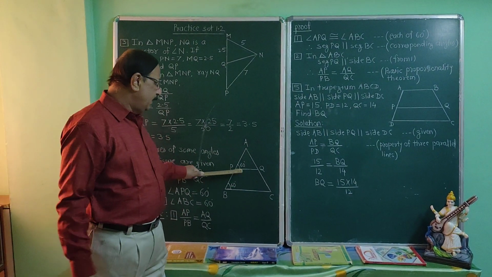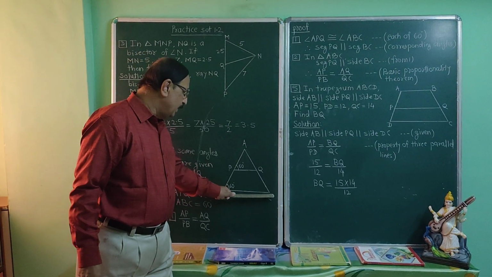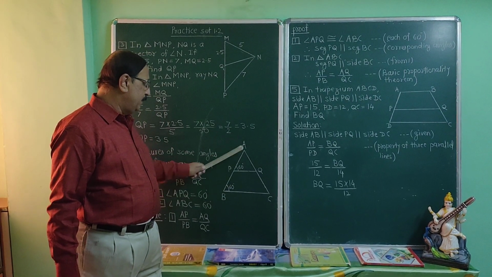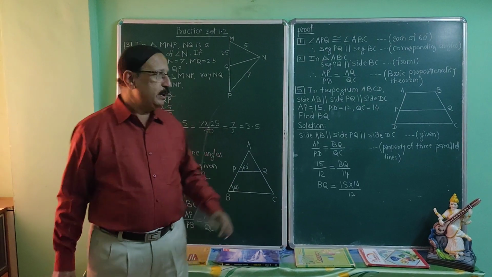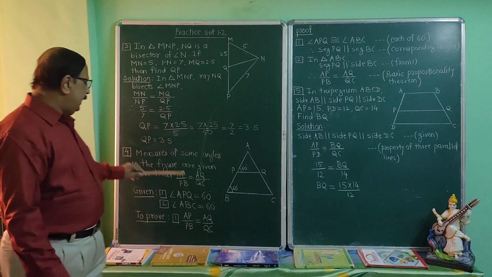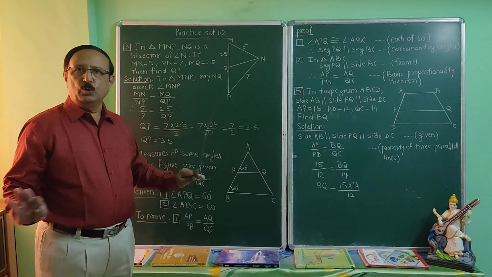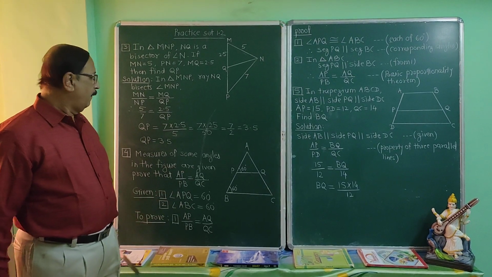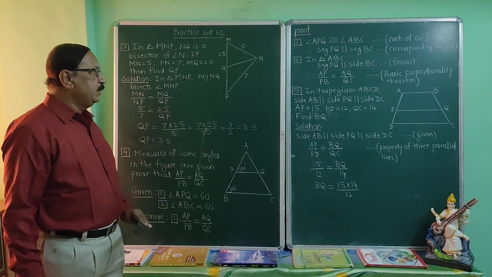Means if a line is parallel to one side, then AP upon PB is equal to AQ upon QC. This is basic proportionality theorem, and this proof is over. Okay. Question number 4 is over.